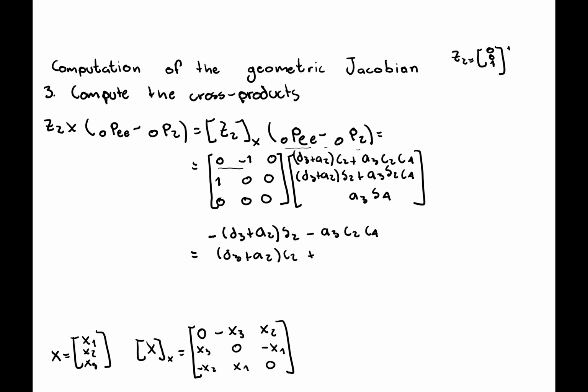So this becomes a3 sine 2 cosine 4, and then 0 at the bottom. Okay, so we have our first cross product.